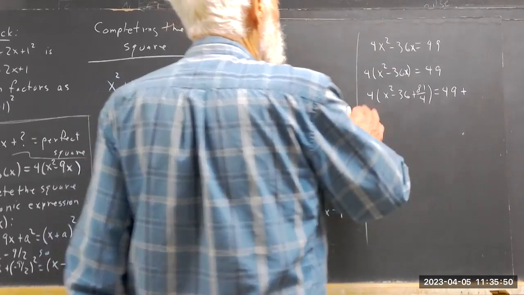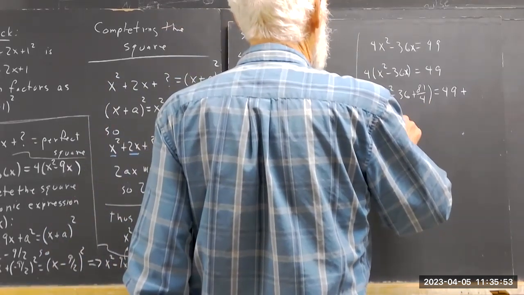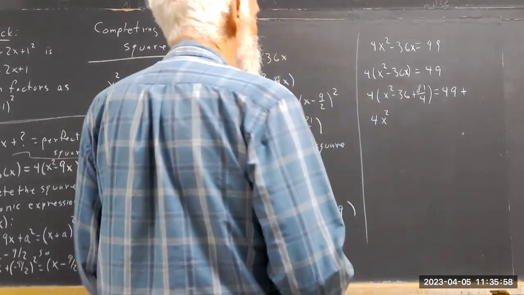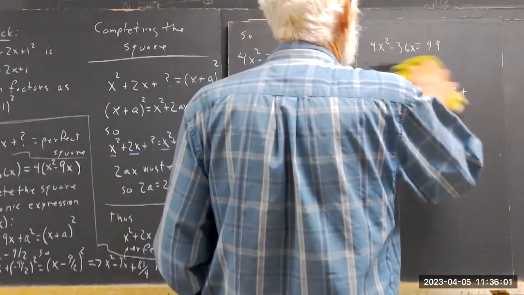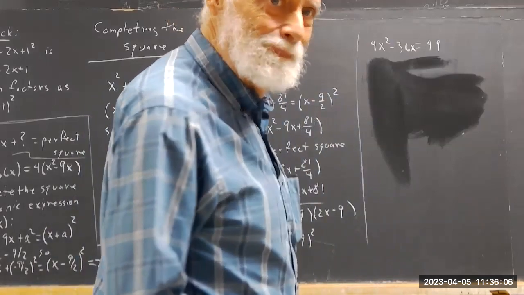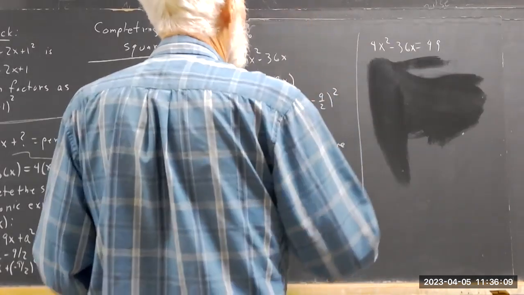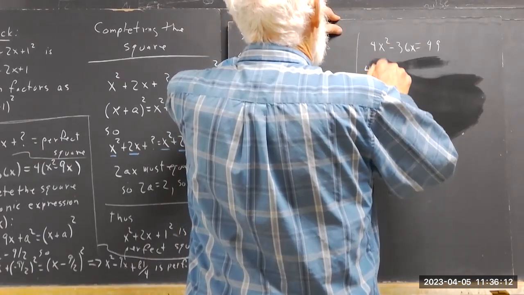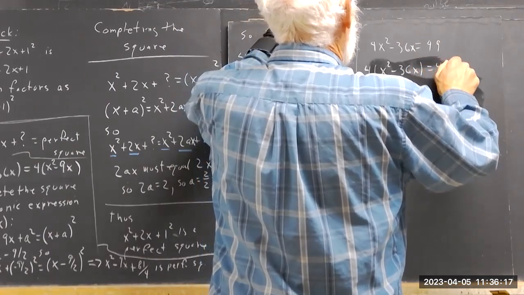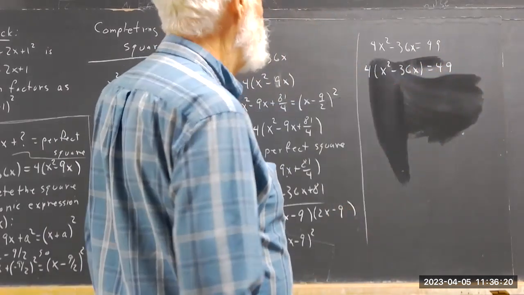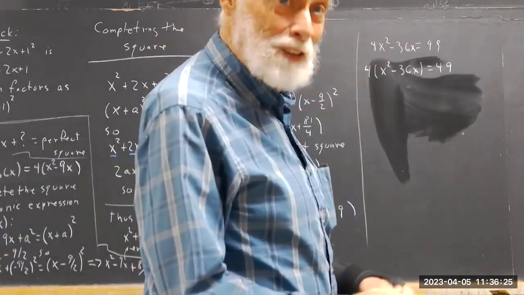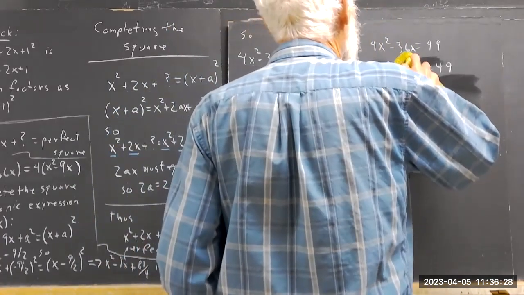And if I expand it, I can see why that is. No, 4 times 36x is not 36x, 4 times 36x is 9x.